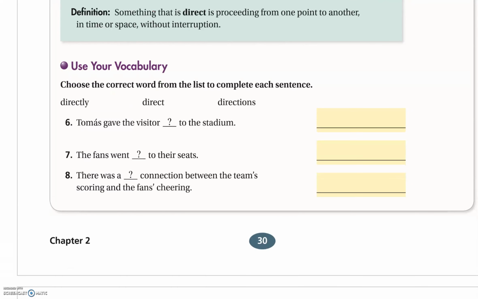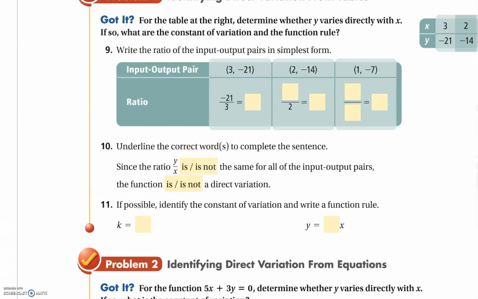If we take a look at these, correct options here would be: the fans went directly to their seats, and there was a direct connection between the team scoring and the fans cheering. So those would be variables that we'd be comparing. Really what we're saying is there's a connection, and that's varying directly.